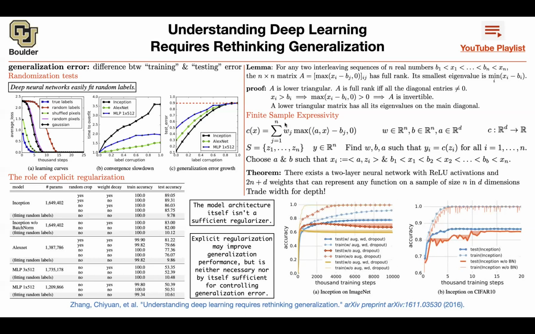You're going to be able to overfit to your samples. Regardless of your data, you're going to be able to find a neural network that's going to overfit, basically going through every single data point that you have. And here is a proof of that happening.